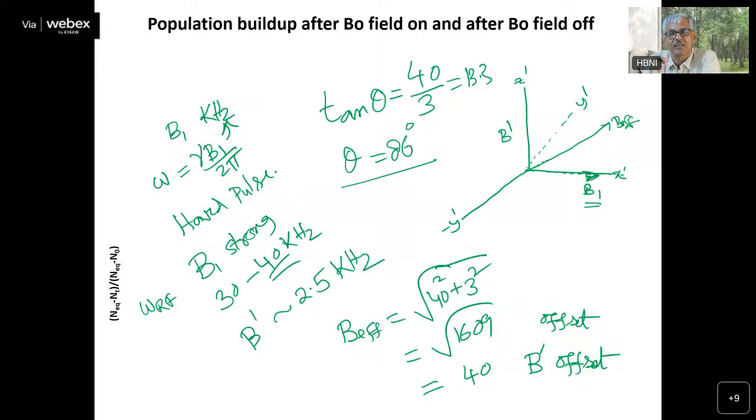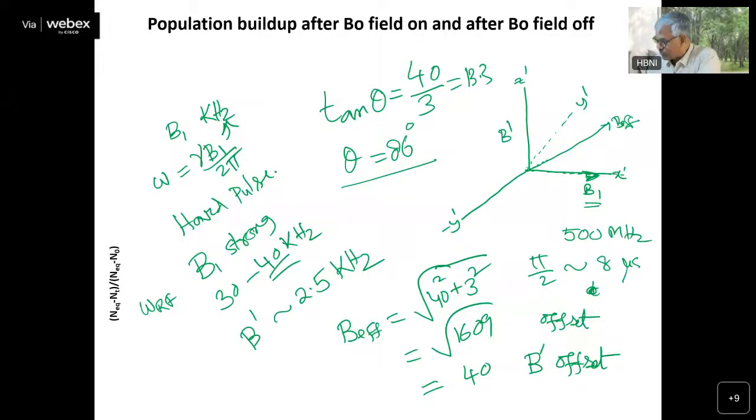Last class, I think there was a little bit of doubt. Now, as you put this hard pulse in a 500 megahertz machine, you will see that the pi by 2 pulse requires about 8 microseconds, 5 to 10 microseconds.